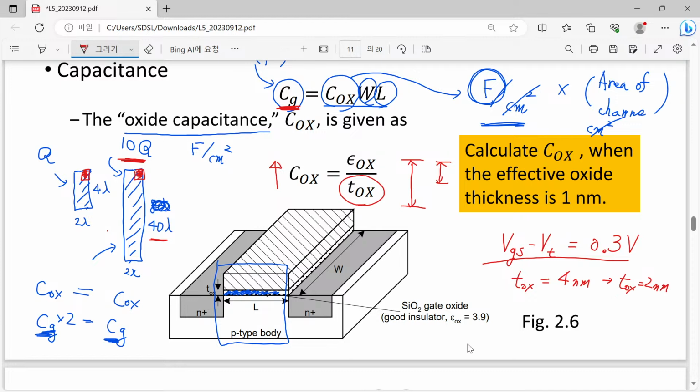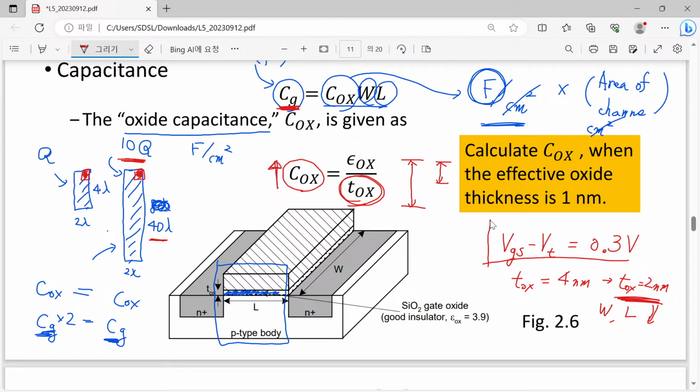Simply speaking, when W and L are fixed, you will have twice more areal electrons when you have the same gate overdrive voltage, because since the thickness is twice shorter, your oxide capacitance becomes twice larger.